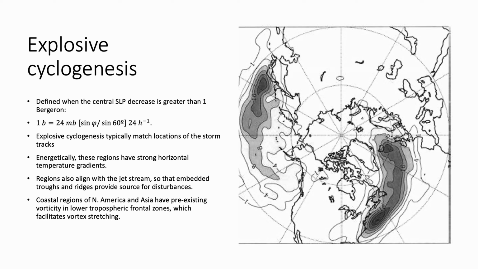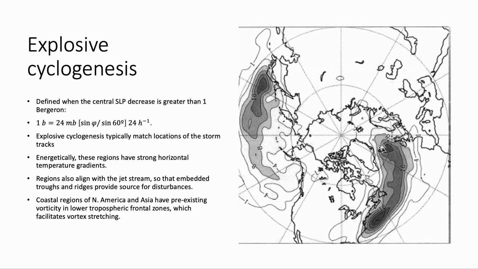And there's a way to make this quantitative: if the sea level pressure inside of a cyclone decreases by more than 24 millibar over 24 hours, weighted by the latitude where we are. This is a unit of measurement called a Bergeron, and if the cyclone exceeds 1 Bergeron, then we say that this is an explosive cyclone. We talk about explosive cyclogenesis.